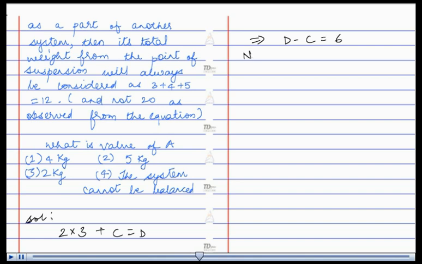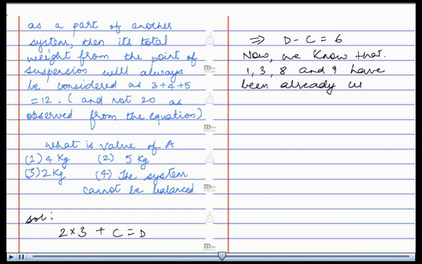Now, we know that weights 1, 3, 8 and 9 have been already used. Value of D can be 7, 8, 9 and 10.